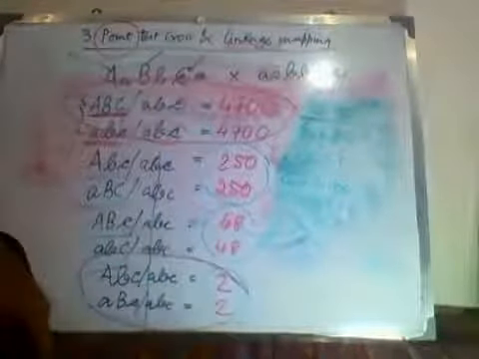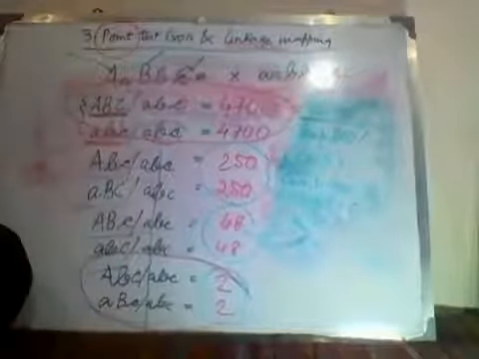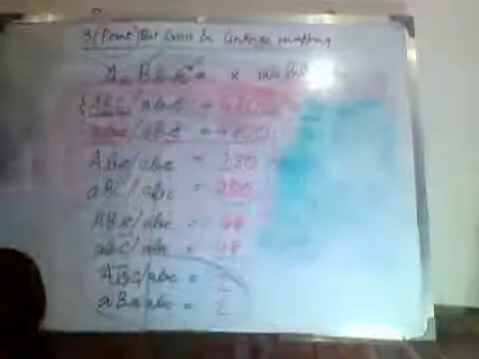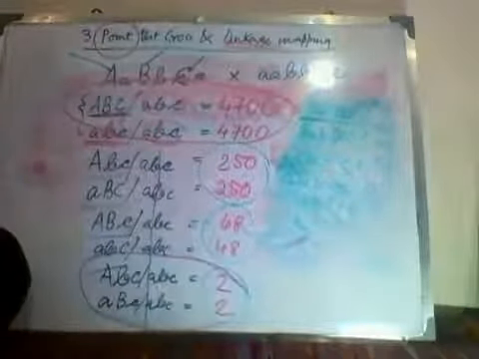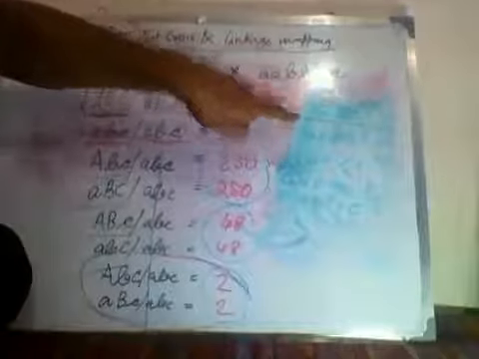So COI, 1 minus COC, becomes 1 minus 1 equals 0, meaning there is no interference. So when there is interference, the COC will never become 1, it will always be less than 1. It means I expect more double crossing over, but I really get less double crossing over due to interference, right?